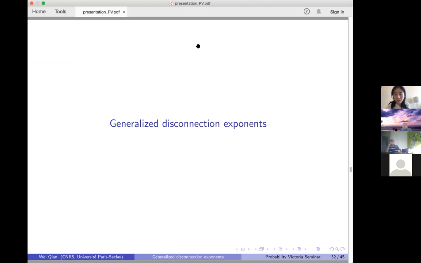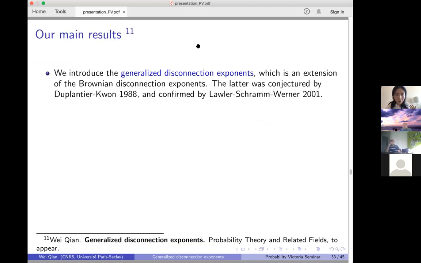In this section, all my results come from the paper Generalized Disconnection Exponents, which will appear in PTRF. In this paper, we introduce a generalized disconnection exponent, which is an extension of the Brownian disconnection exponent.